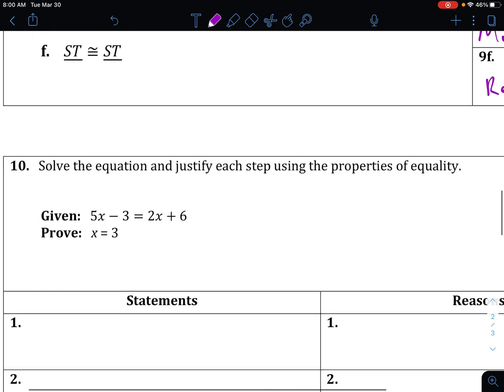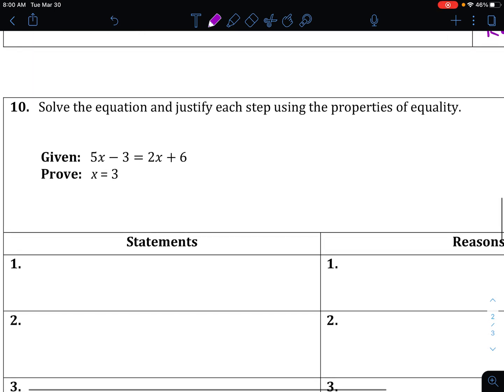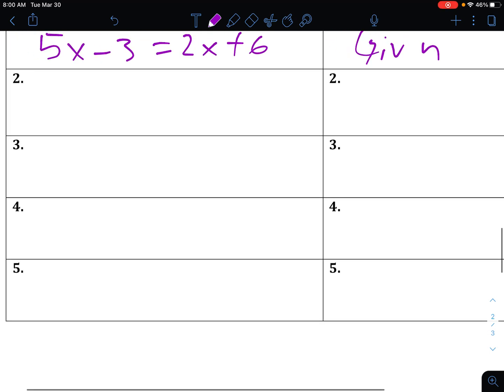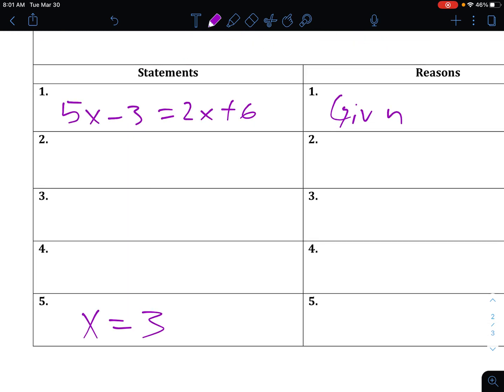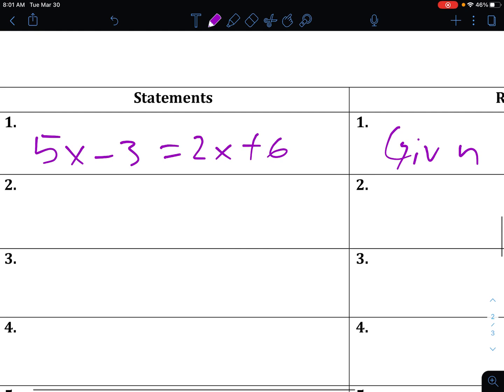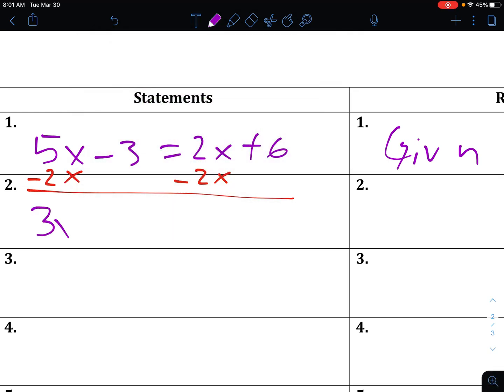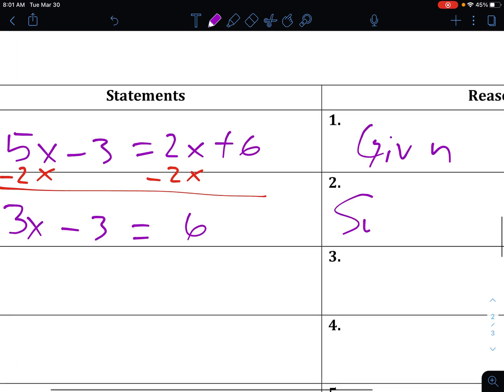All right, let's do some proofs quick. We have given 5x minus 3 equals 2x plus 6. We are going to prove x equals 3. So in this one, hopefully we have room. X equals 3 is what we're going to get to. All right, well, how are we going to do this? Subtract 2x. And we get 3x minus 3 equals 6. And that was the subtraction property.